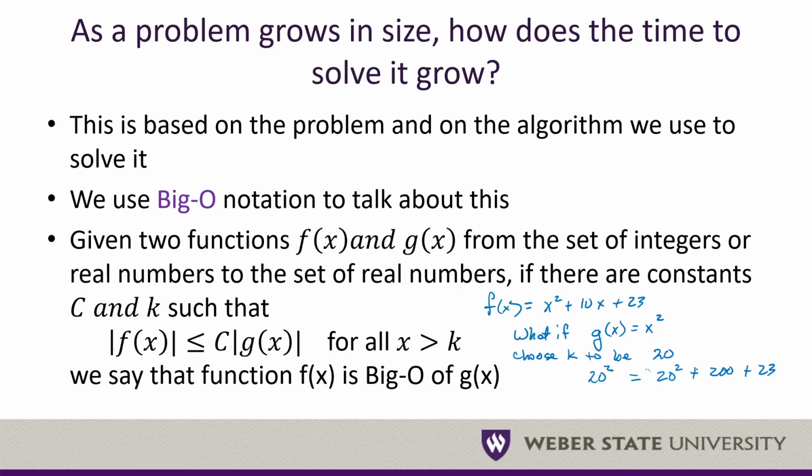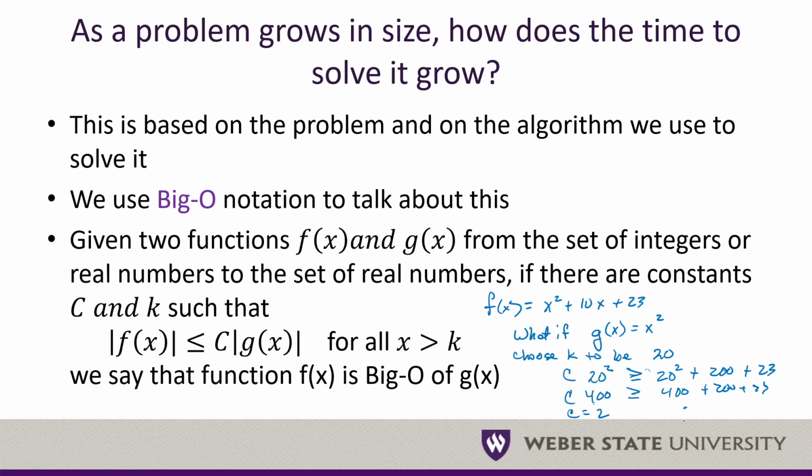So I've got to get something that when multiplied by 400, this is 400, this is 400, something that when multiplied by 400 is going to be greater than 623. Why don't I choose 2? C times that, greater than or equal to that. So we'll choose c equal to 2.